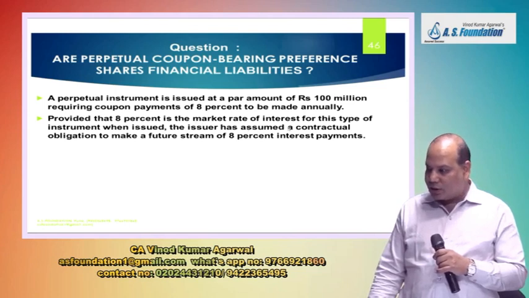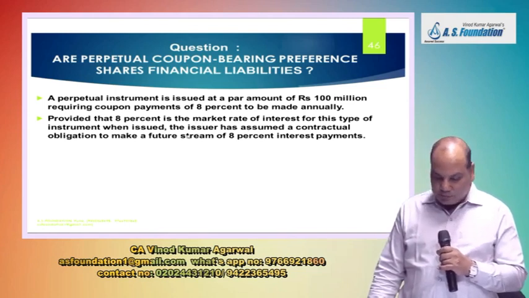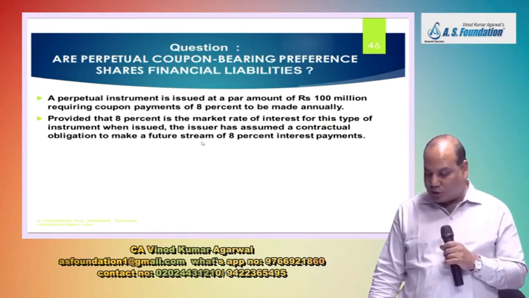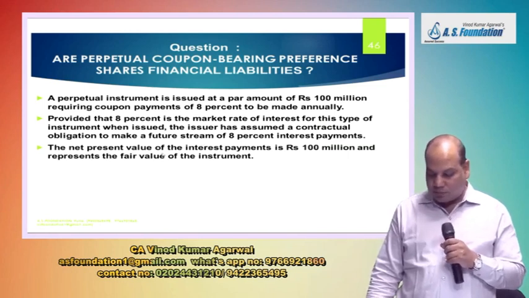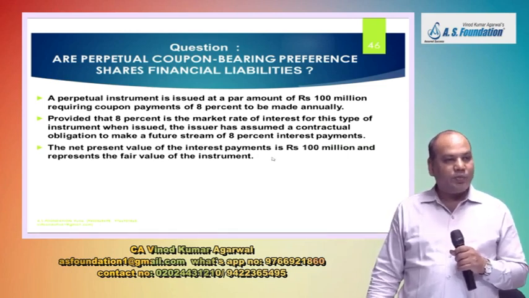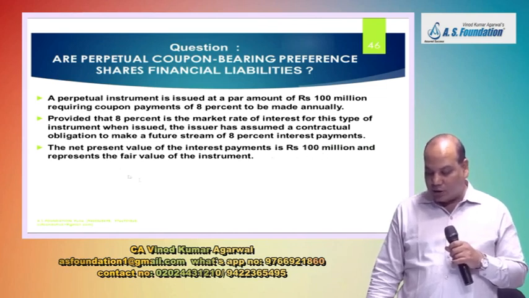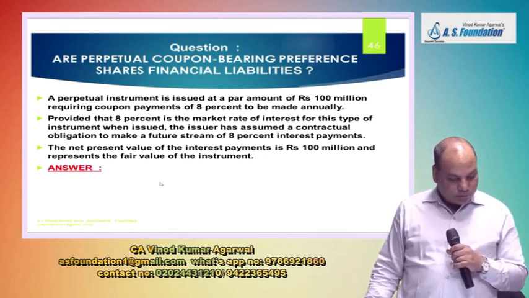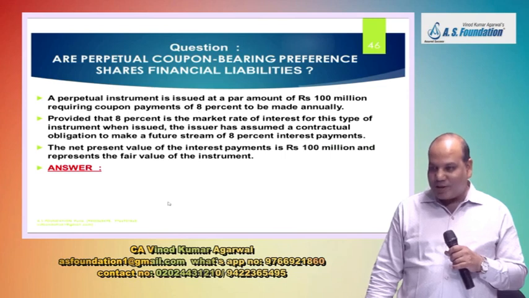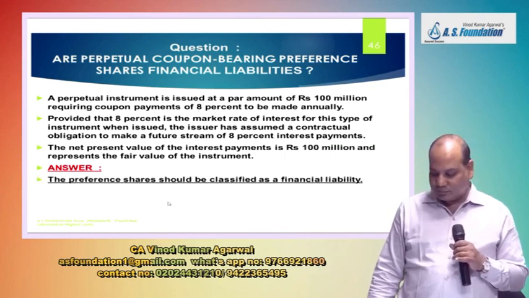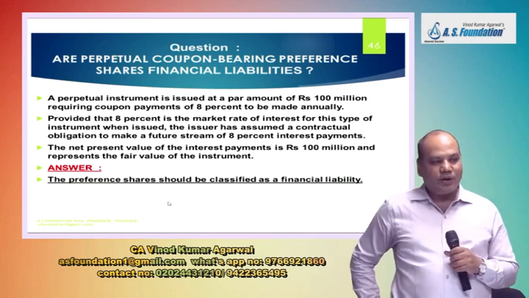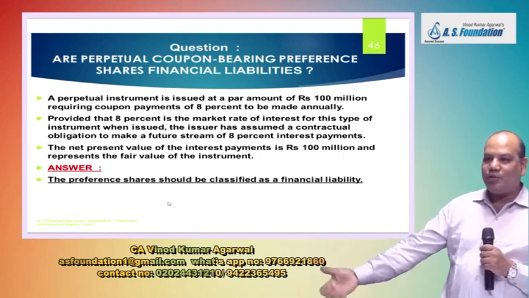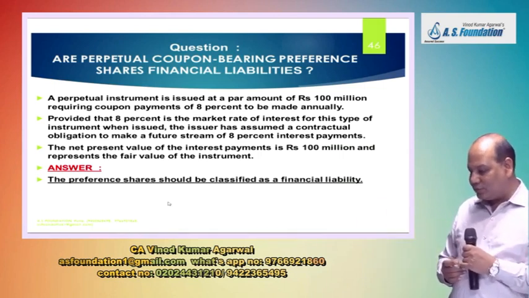Provided that 8% is the market rate of interest for this type of instrument, when issued, the issuer has assumed a contractual obligation to make a future stream of 8% interest payments. The net present value of interest payments will be 100 million and represents the fair value of the instrument. What was the question? Is this instrument a liability or equity? Liability, because the present value of this bond, or this preference share, is exactly equal to the present value of future coupons.